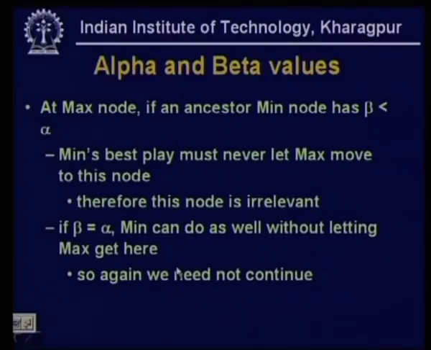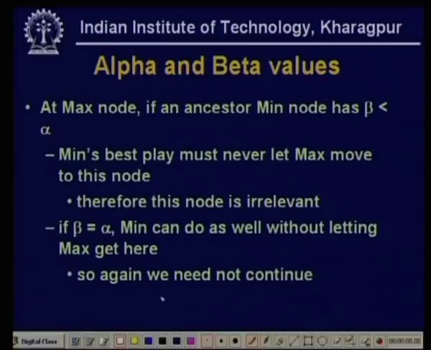More generally speaking, at max nodes, suppose we have a max node. If there is an ancestor min node whose beta is less than alpha, then this node is irrelevant.